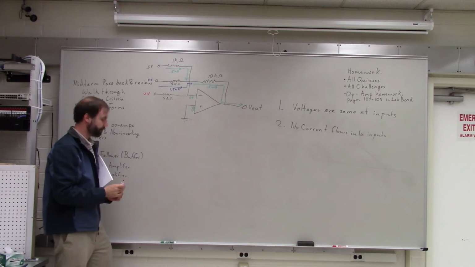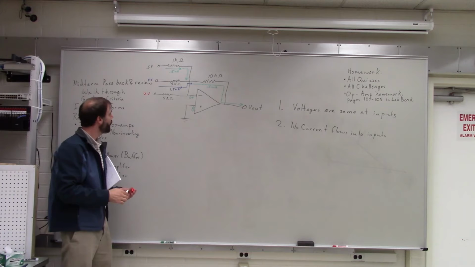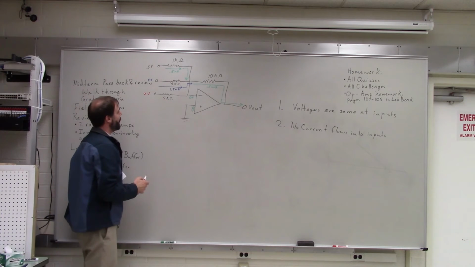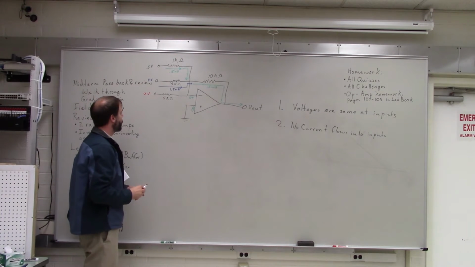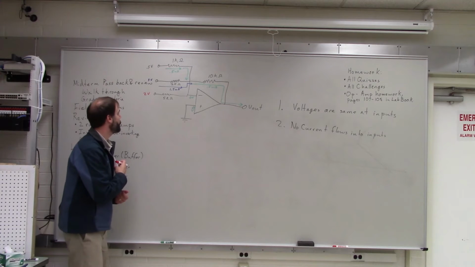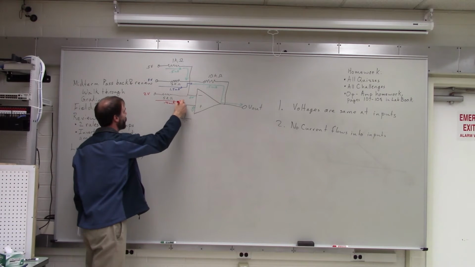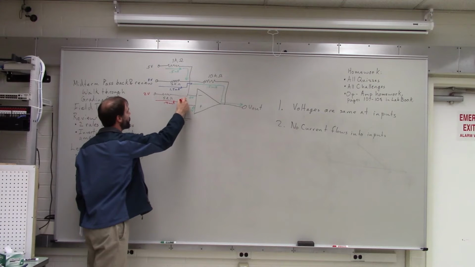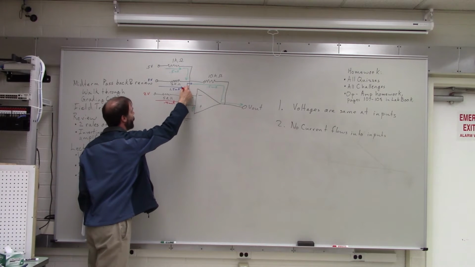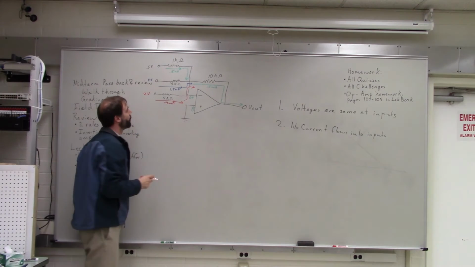Okay, so now we've got 2 volts across 5 kilo ohms. That comes out to be 0.4 milliamps flowing through there. Right? So then this contributes 0.4 milliamps going that way.